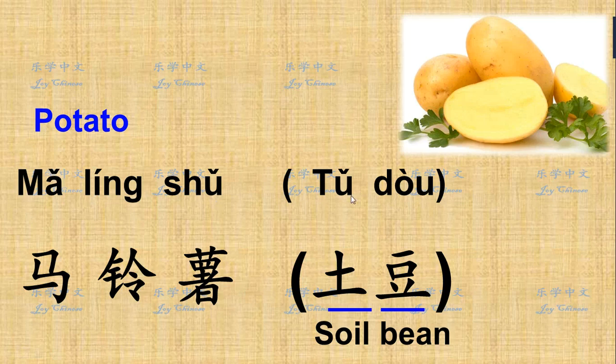Another name is 土豆. 土 means soil, dirt. 豆 means bean. So a bean growing in the dirt, in the soil. 土豆. If you go to the vegetable market, usually you say this.